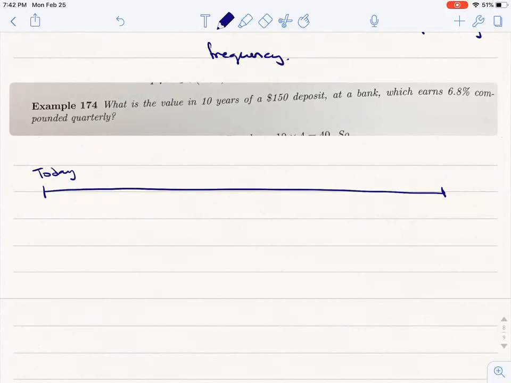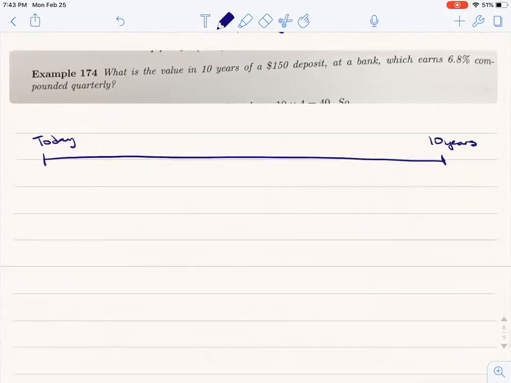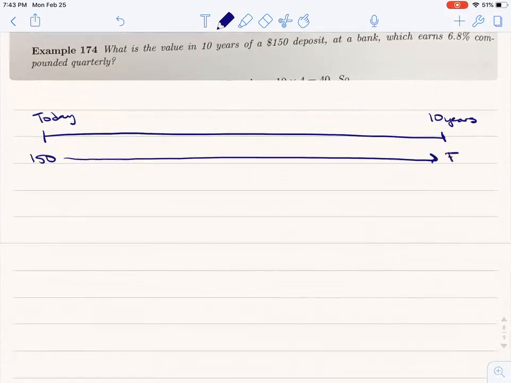We just let it sit there for 10 years, and we want to know how much do we have at the end of these 10 years. Okay. So I've deposited $150, and it's just going to sit there for 10 years and become some future value. And that's the value that we want to find.